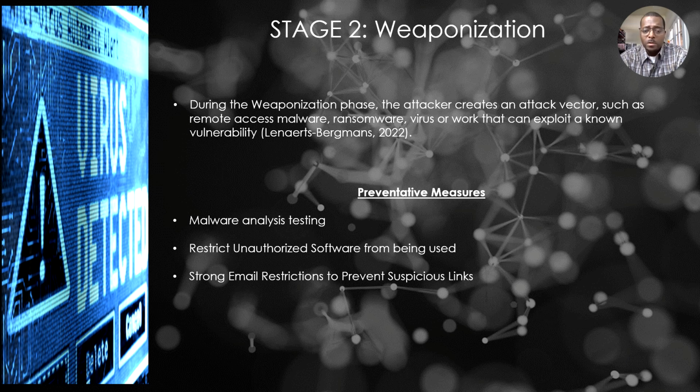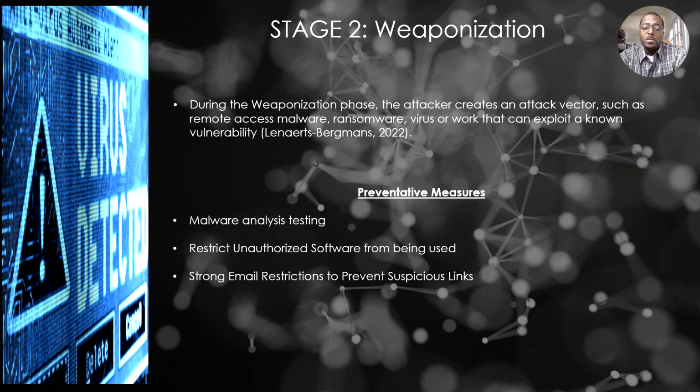Stage 2 of the cyber kill chain model is weaponization. This is the phase where the threat actor creates an attack vector, such as they use malware, ransomware, and other viruses to exploit those vulnerabilities that were found.